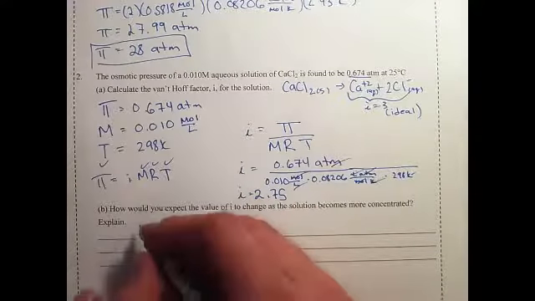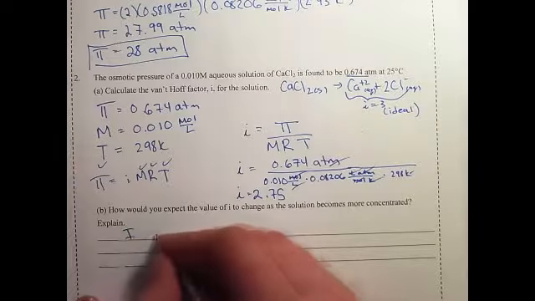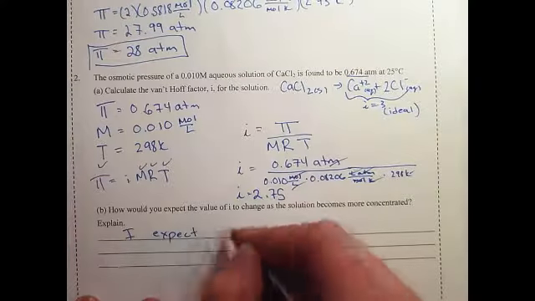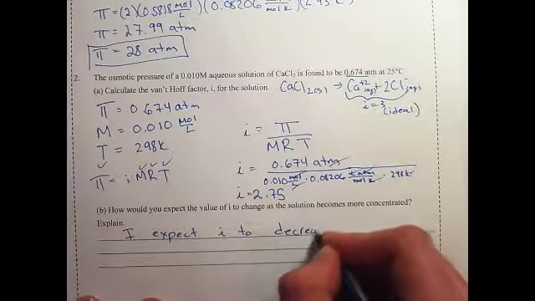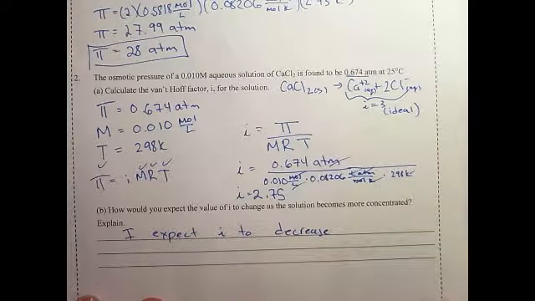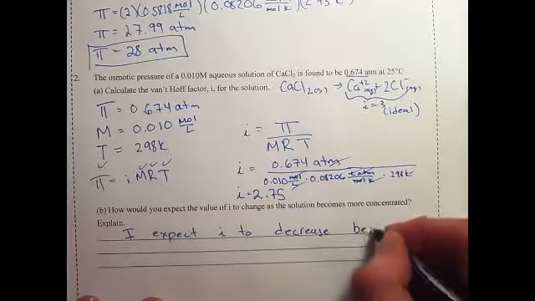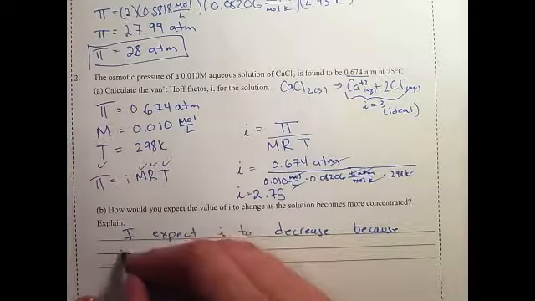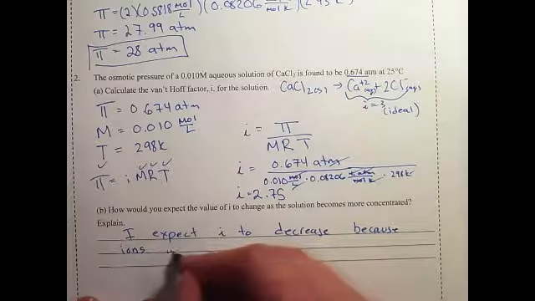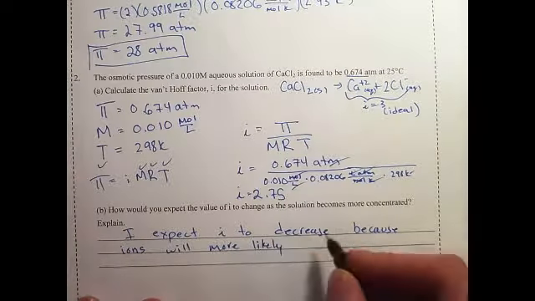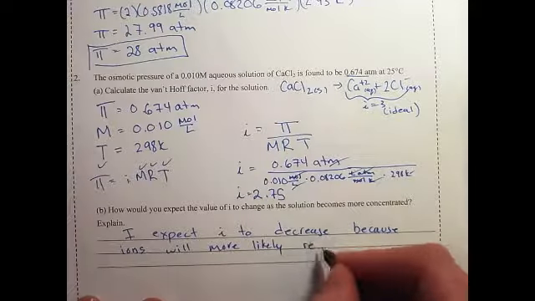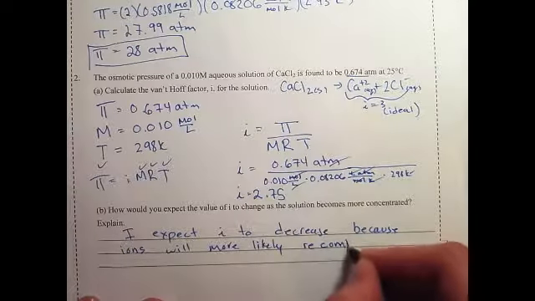So I will expect i to decrease or become smaller than 2.75 because ions will more likely recombine.